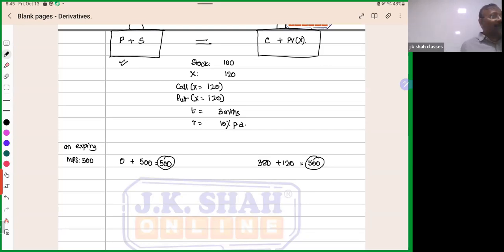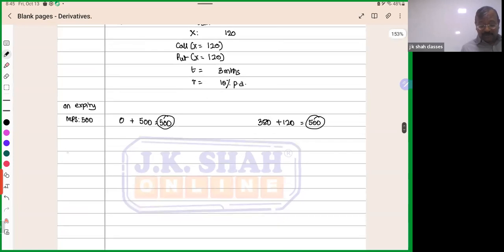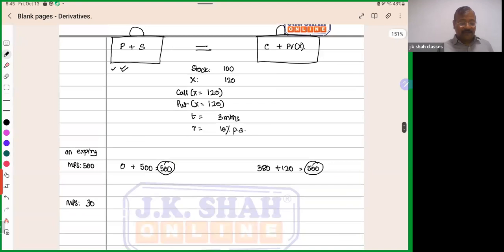500. Okay. Now, let's presume that on expiry the market price is 30. Let's value this thali first. What do you have there? Sequence. What do you have, the first one there?